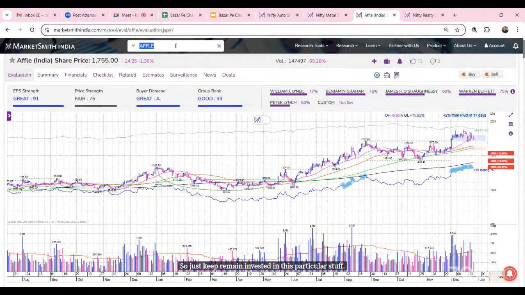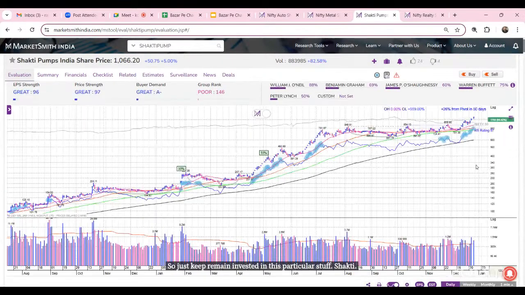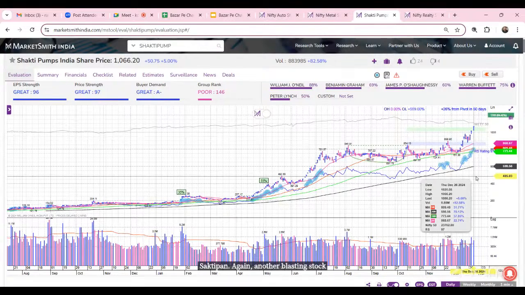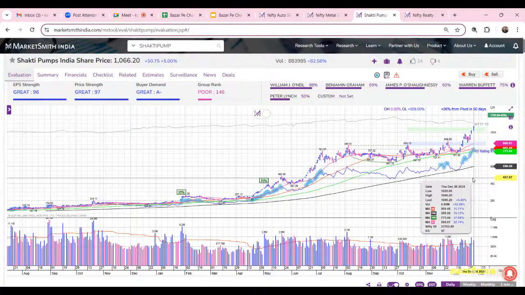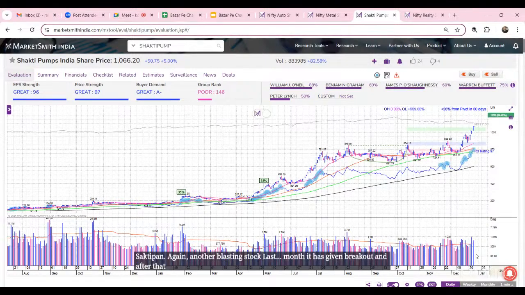Shakti Pump. Shakti Pump, again another blasting stock. Last month it has given a breakout. And after that, in this December only, it has given a good breakout after almost 3-4 months of consolidation.